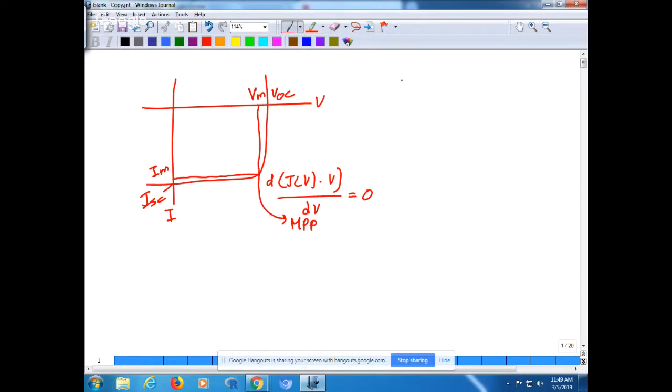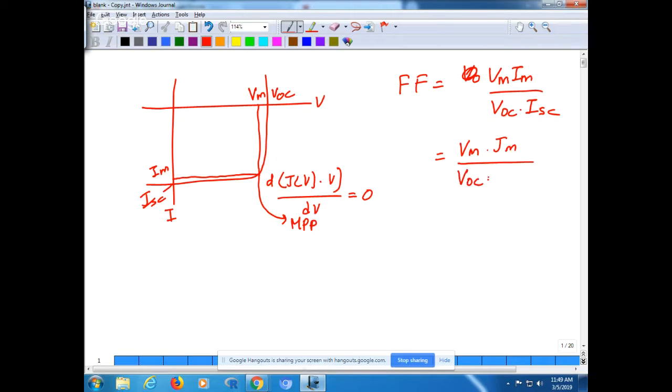So let's say a numerical example. Fill factor is essentially VM IM divided by VOC into ISC. We can also convert this into VM into JM divided by VOC into JSC. Let's say from a solar cell, JSC is equal to 20 milliamps per centimeter square, whereas JM is equal to, let's say, 15 milliamps per centimeter square.